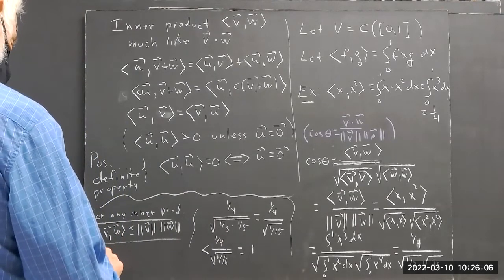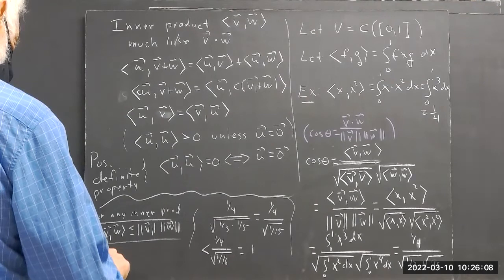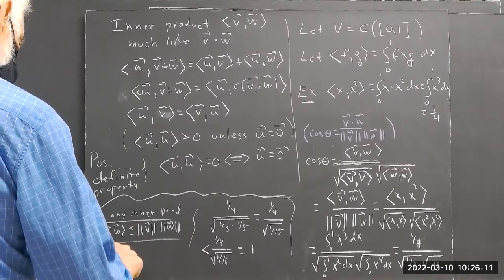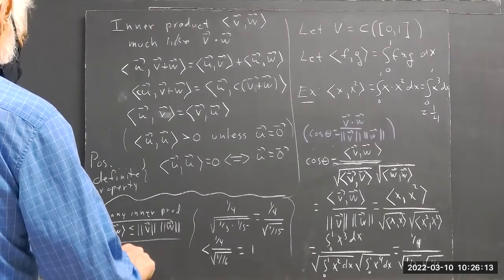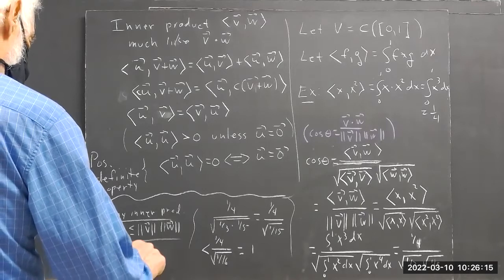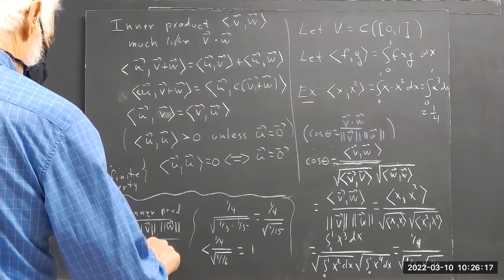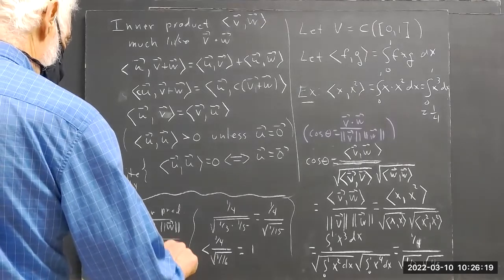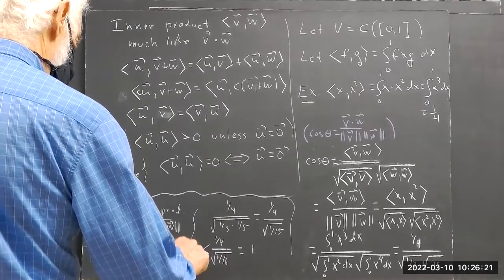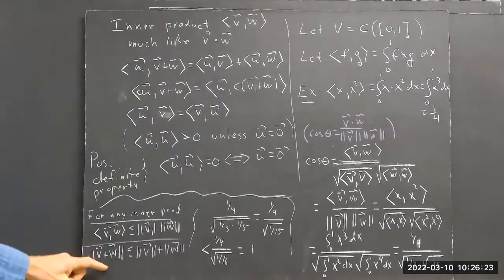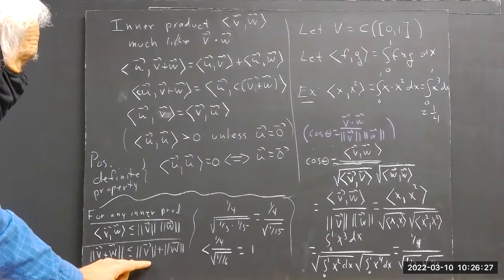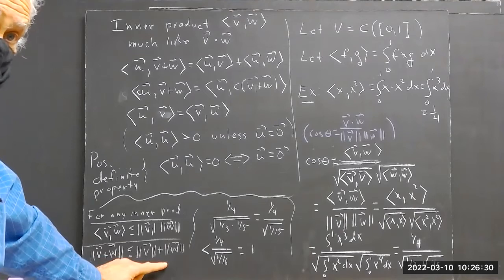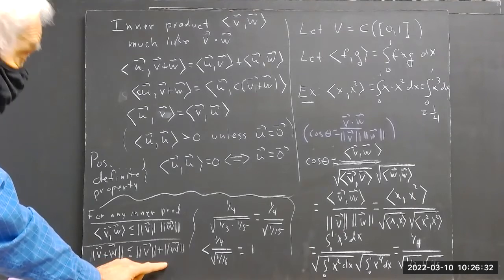Also, we call this the triangle inequality. The magnitude of V plus W is less than or equal to the magnitude of V plus the magnitude of W. Okay, why is that?